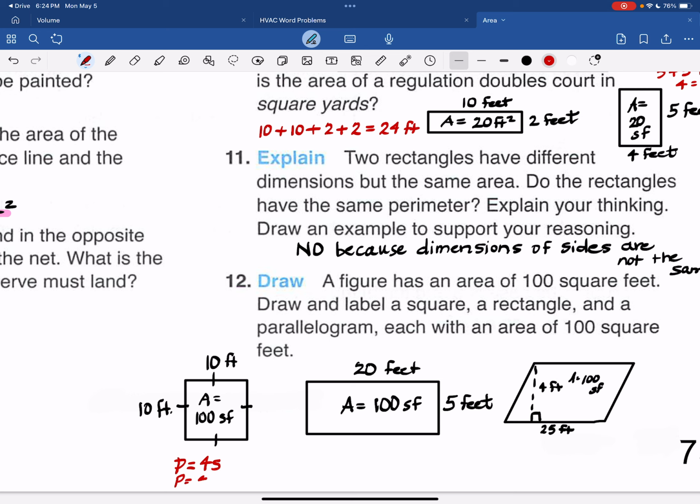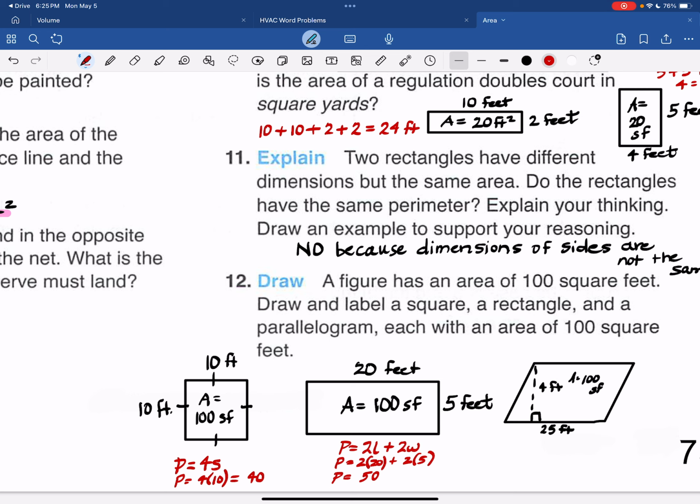So that's 4 times 10, or 40. Perimeter of a rectangle is 2 of the long sides plus 2 of the wide sides. So you have 2 of the 20s plus 2 of the 5s. So you have 40 plus 10, that's 50.